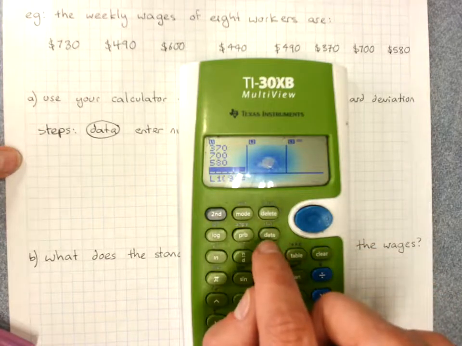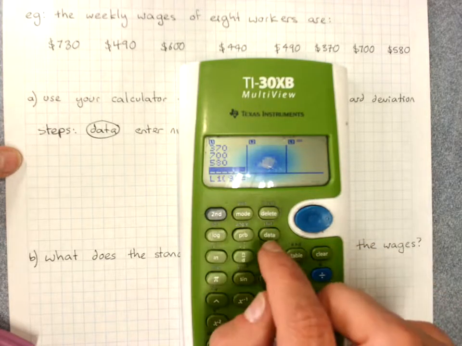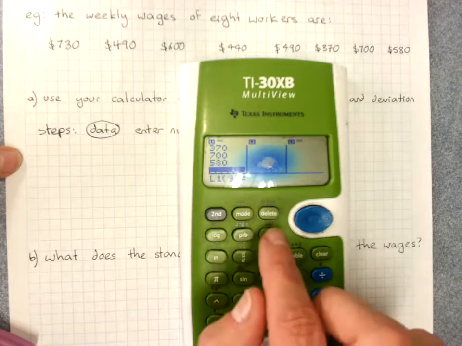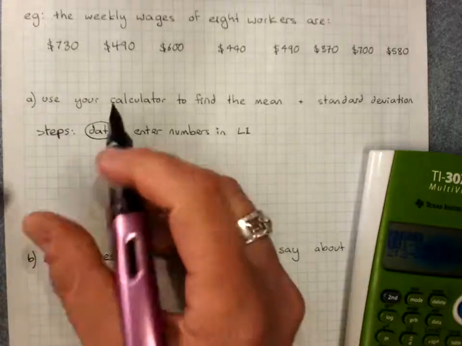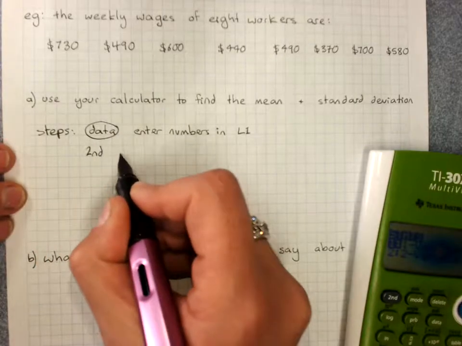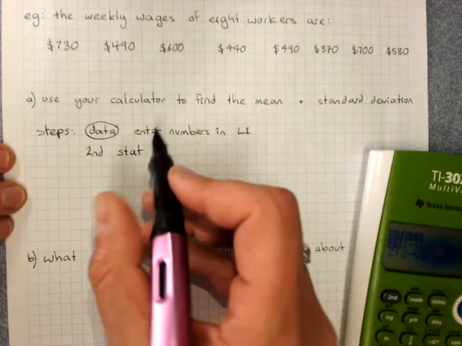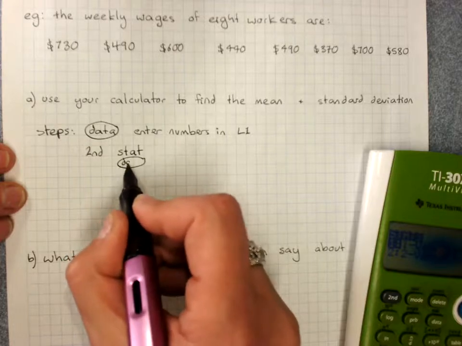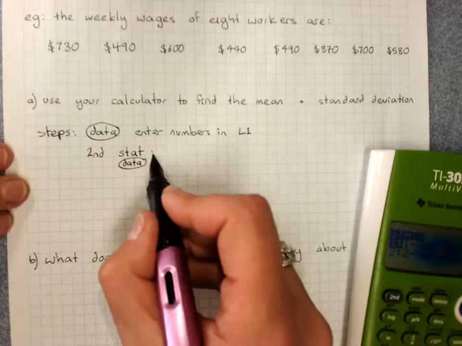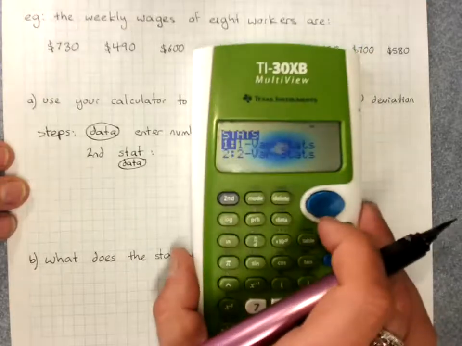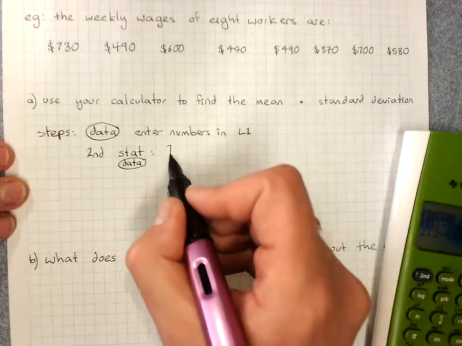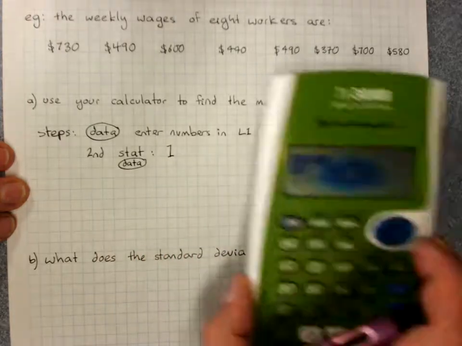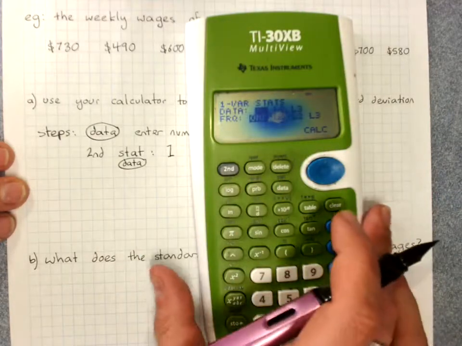Now, above the data button is stat. We're doing statistics. So second, stat. And that's above the data button. And you want to select one variable statistics. So you highlight one and hit enter.